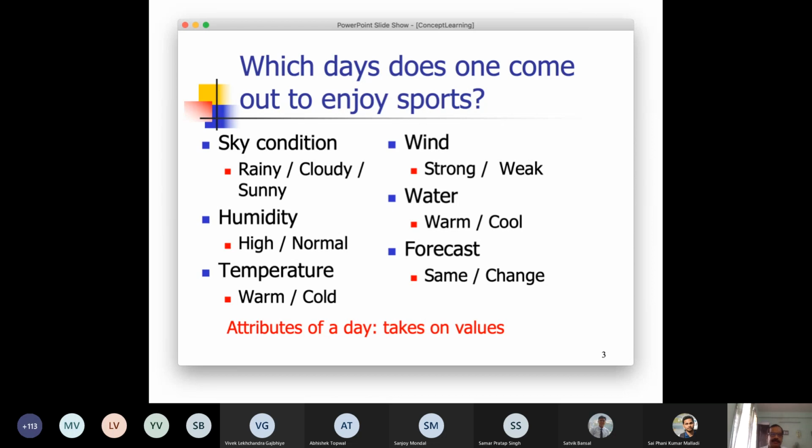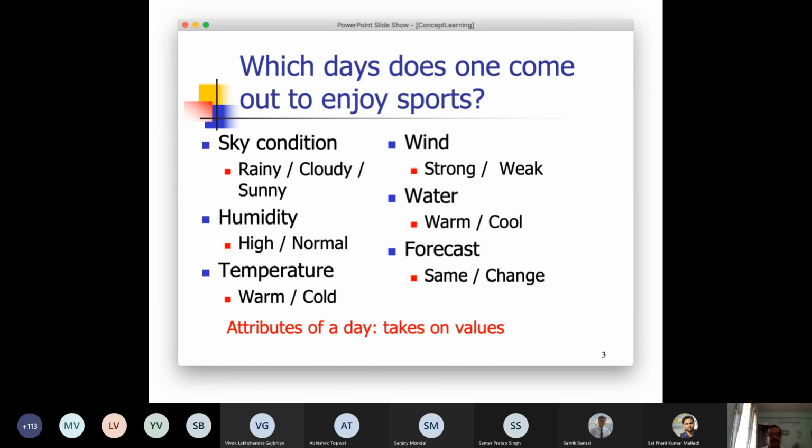Say these are certain attributes which I have shown you here in the list. With the blue marker, you see the names of the attributes, and following the corresponding red marker you can see the values of the attributes. So the attribute set is sky condition, humidity, temperature, wind, water, forecast, and the set of possible values for each attribute is also listed.